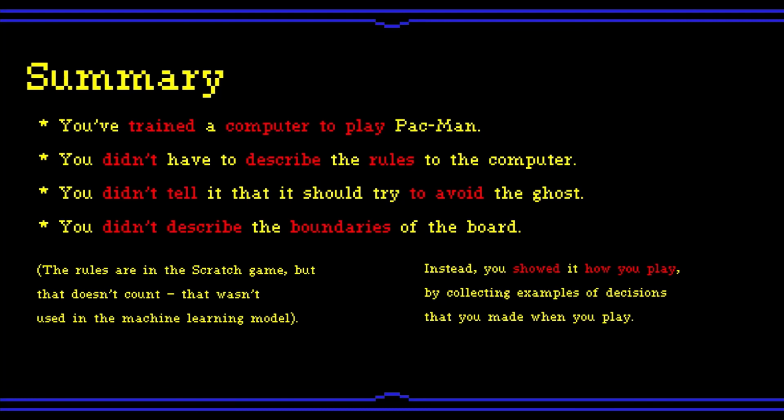So after completing the whole project, we can ask what we've done. And my answer is we've done a lot. We trained the computer to play Pac-Man. And while training the computer, we didn't describe rules, we didn't tell it what to try to avoid, like the ghost, and we didn't describe any boundaries that it has, like 5 y and 7 x boundaries.